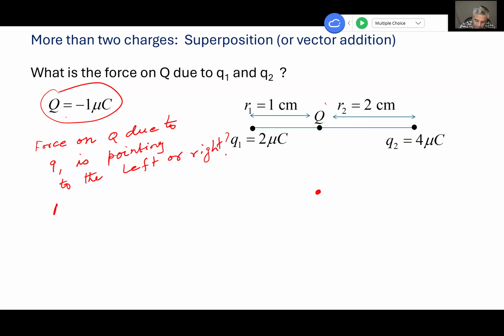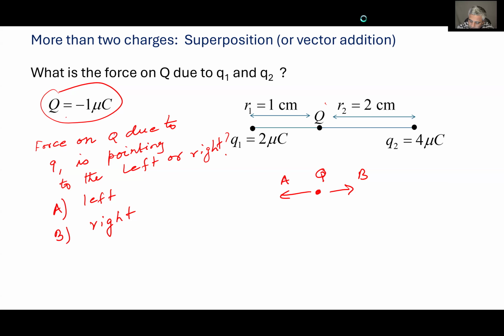A is, let's say, left, and B is to the right. And this is Q. Keep that in mind. Now I'm opening the poll, and you have 30 seconds to respond to this.